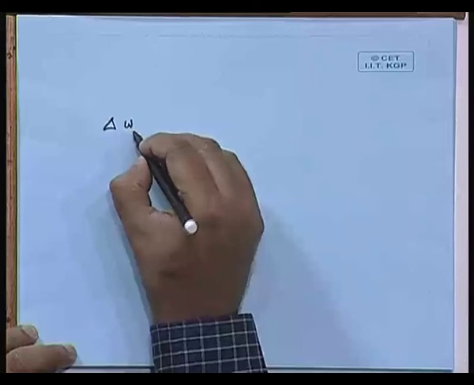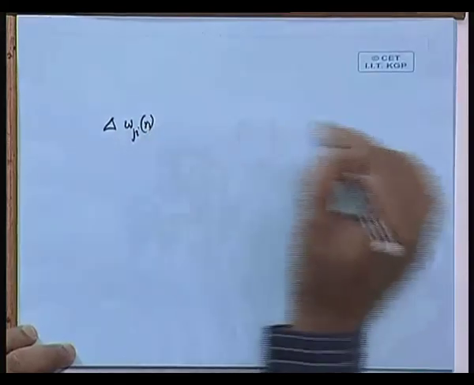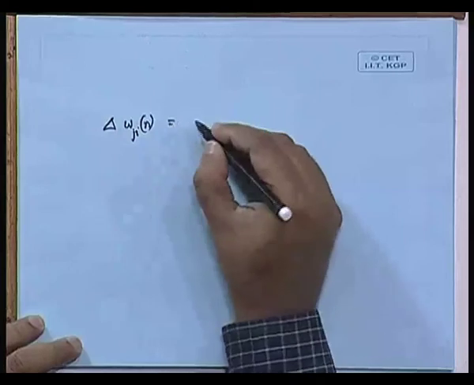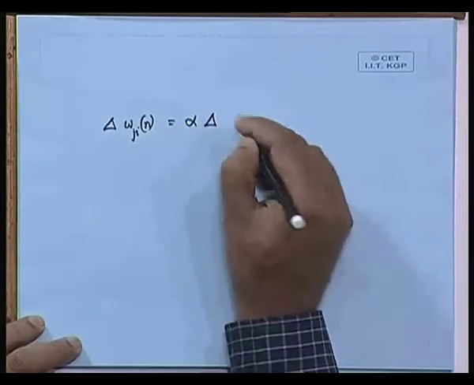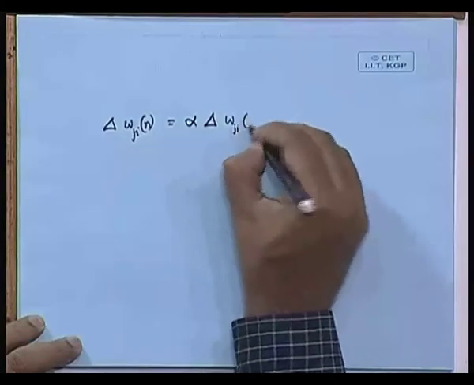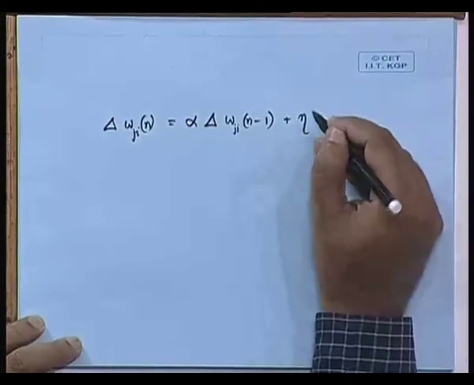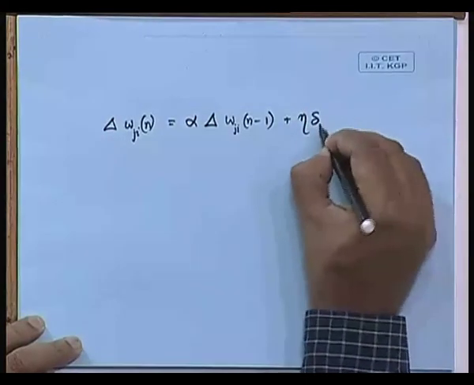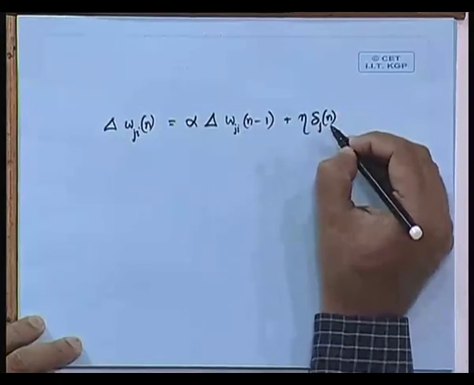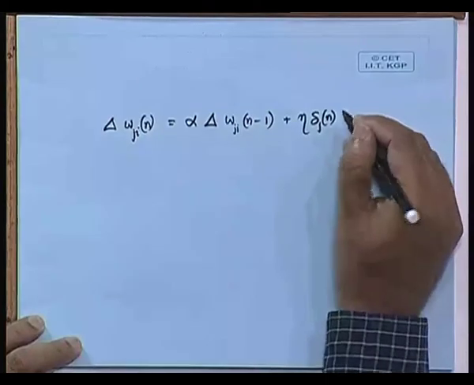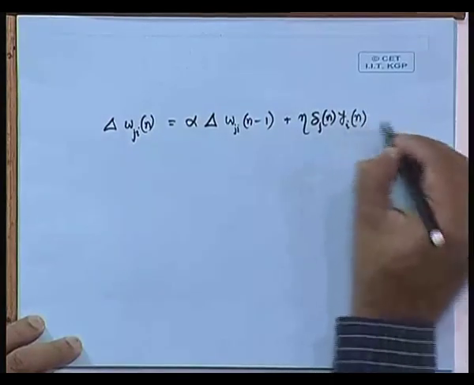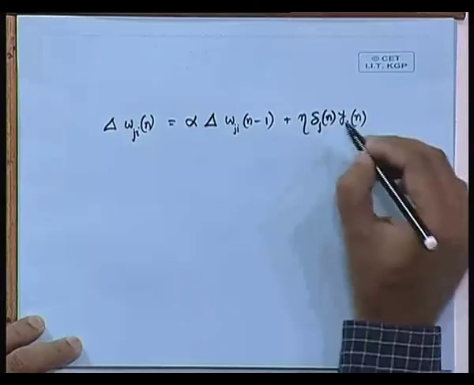Using the momentum term, which was suggested by Rumelhart, delta Wji at iteration n is going to be equal to alpha times delta Wji at n minus 1, plus our usual learning term, that is, eta being the learning rate, times delta j at n, which is the local gradient, times yi at n being the input to the neuron j.